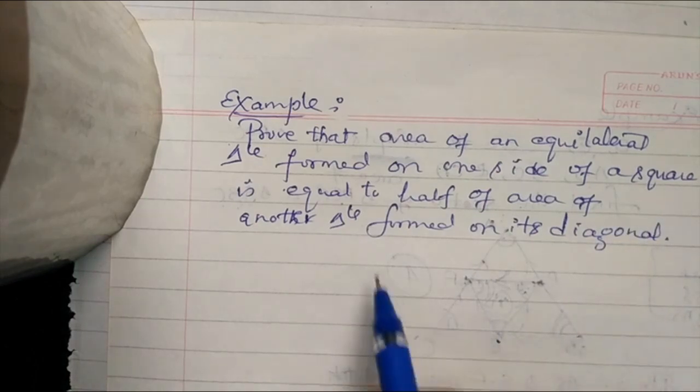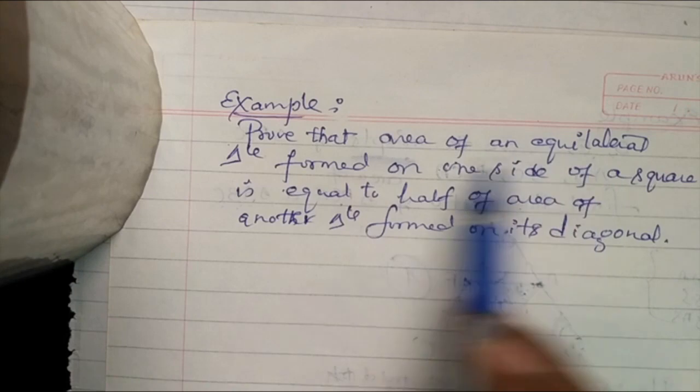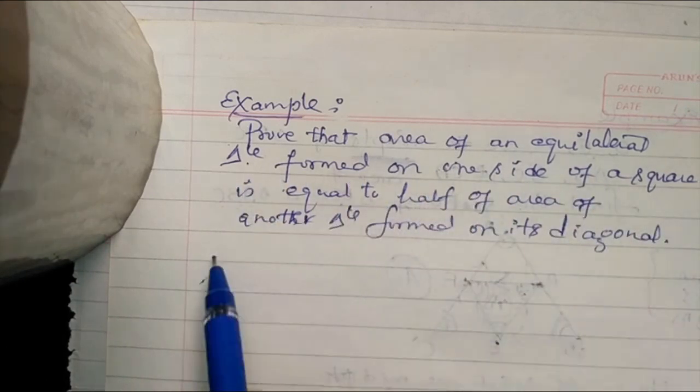Here is the question. Prove that the area of an equilateral triangle formed on one side of the square.